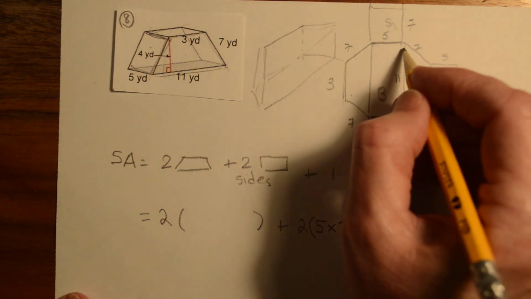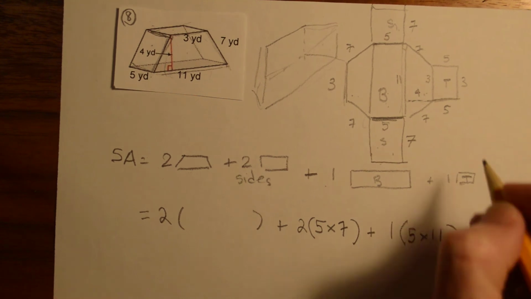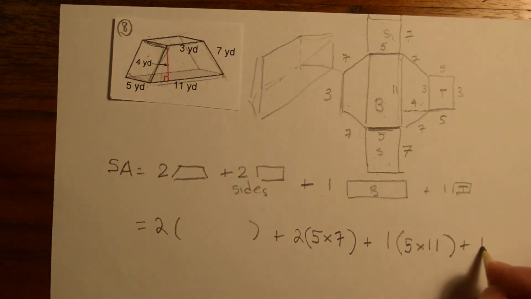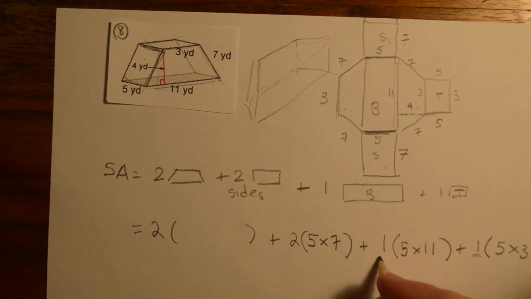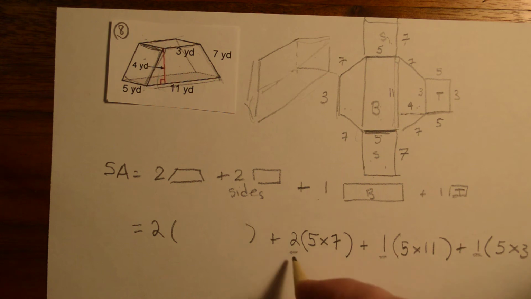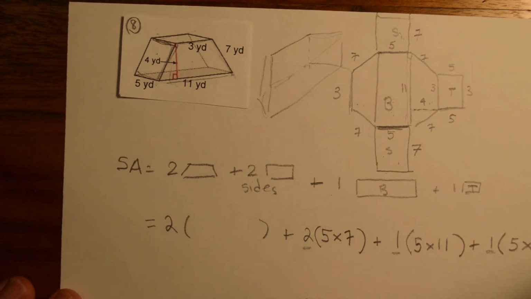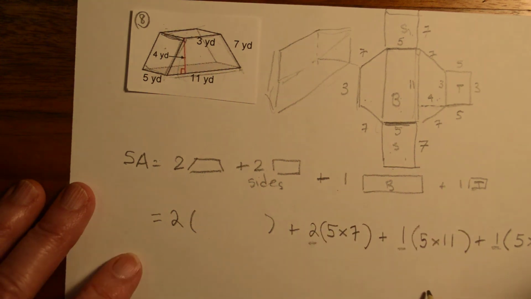That is 5 by 11. And then we have this 1 tiny guy right here, which is 1 times 5 times 3. Again, you don't really need this, but I'm just doing it because we said how many we needed up there. If it's a 1, you do need it. If it's a 2, obviously. Okay, let's go and find the area of the trapezoid.